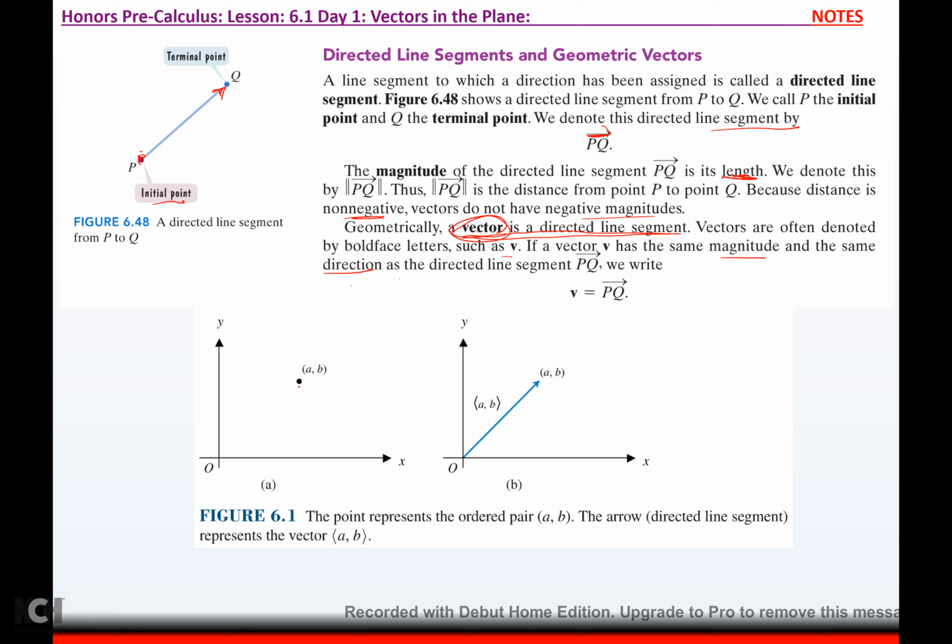So if you look at this ordered pair, (a, b), and you connect it to the origin by putting an arrow, that length, including its direction, would be the vector <a, b>. Okay?